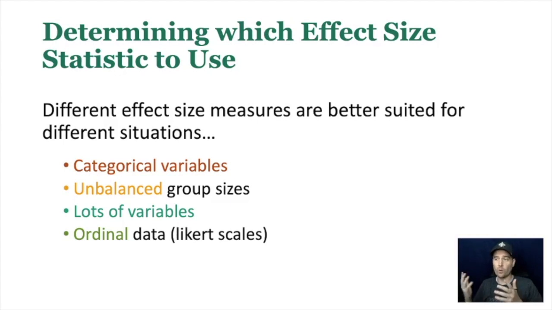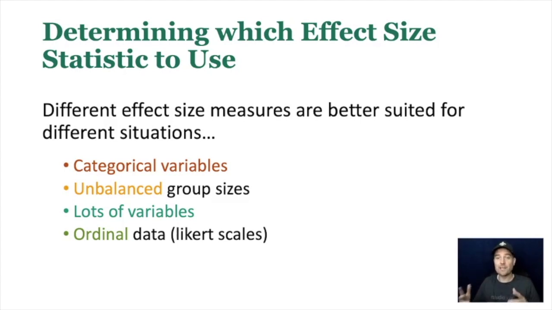And then when it comes to ordinal data, like Likert scales, there's certain things that we either have to assume, first of all, that it's a continuous scale or we need to treat it in a different way, like a categorical variable, and use those kind of effect sizes.